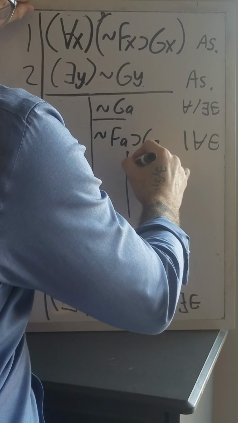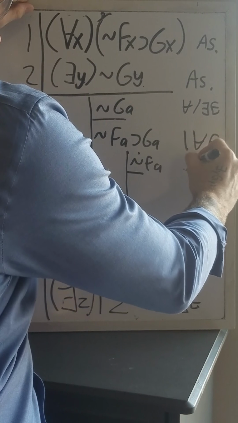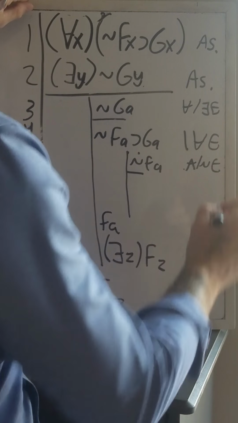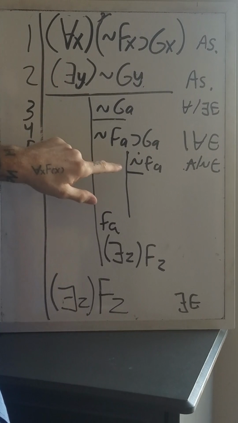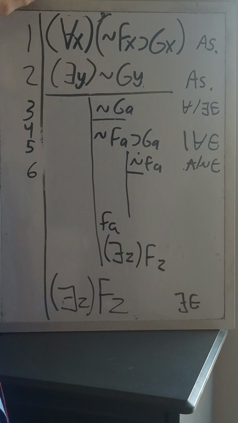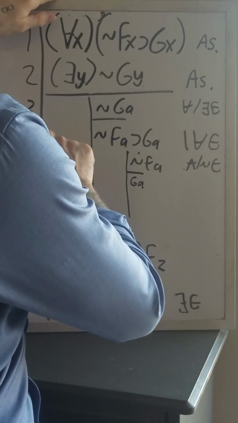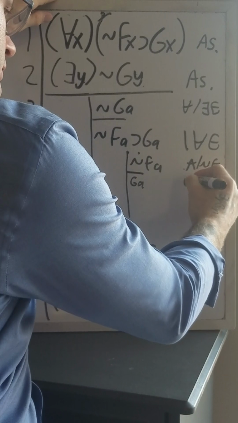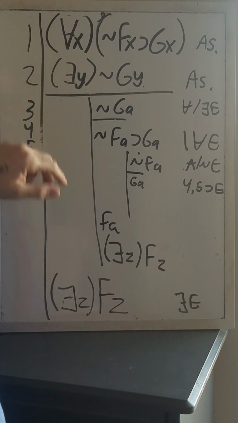Okay. So we'll assume not FA, it's an assumption for negation elimination. Okay. So with not FA, we can get GA by conditional elimination. That's lines 4 and 5. Okay, we could reiterate not GA in there.